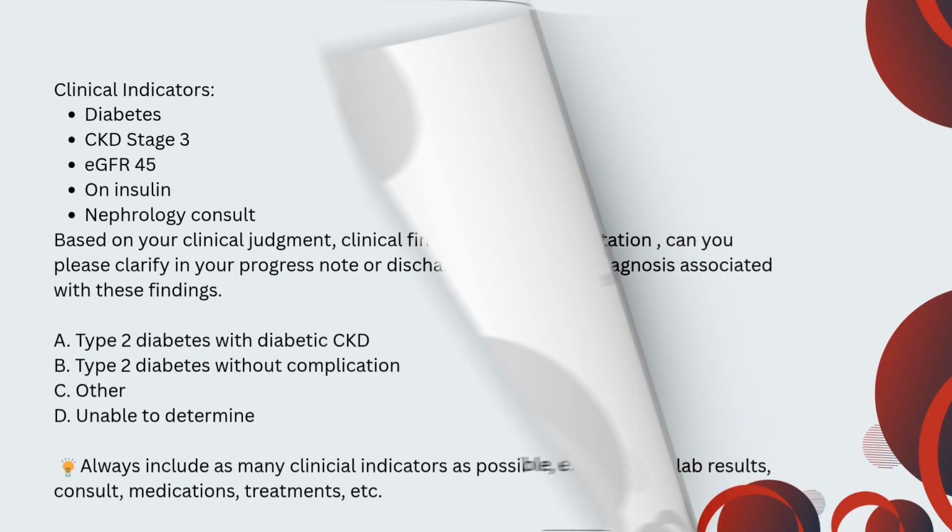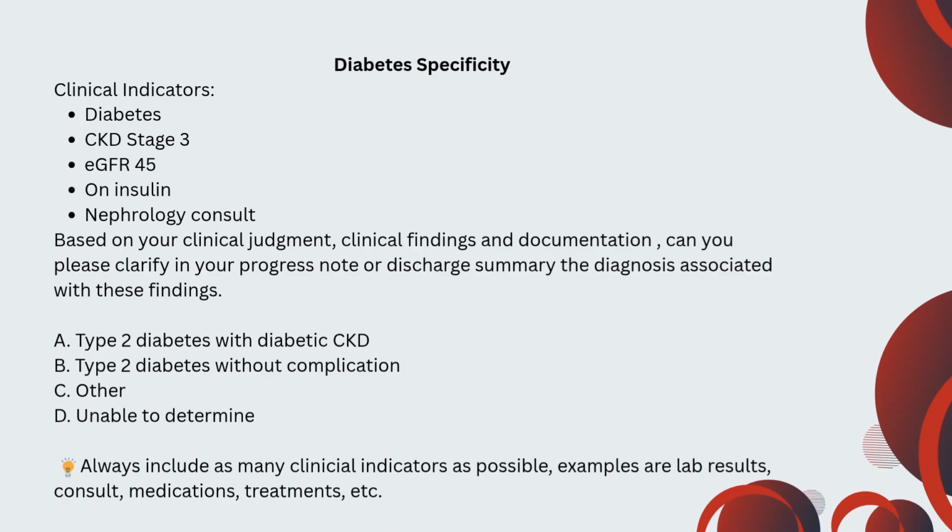regulatory guidance. Diabetes specificity. Clinical indicators: diabetes, CKD stage 3, eGFR 45, on insulin, nephrology consultation. Based on your clinical judgment, clinical findings, and documentation, can you please clarify in your progress note or discharge summary the diagnosis associated with these findings?